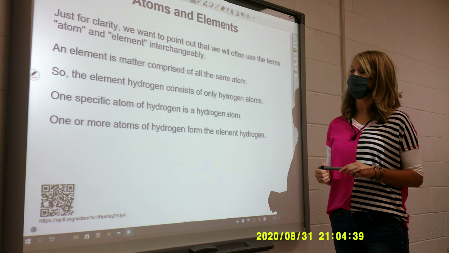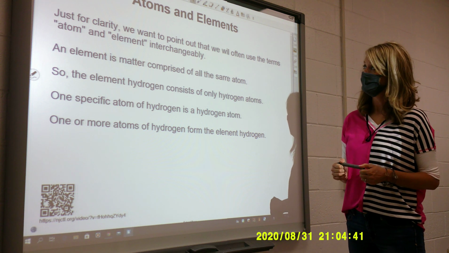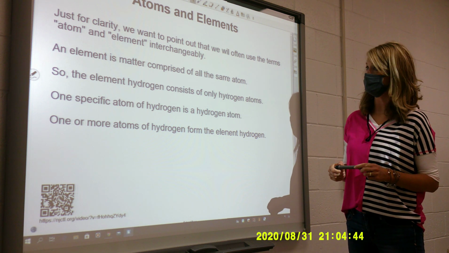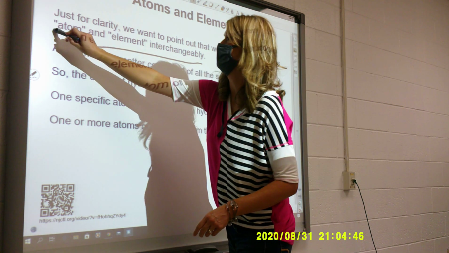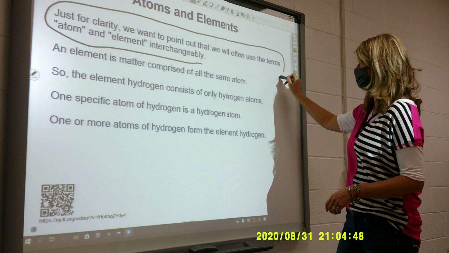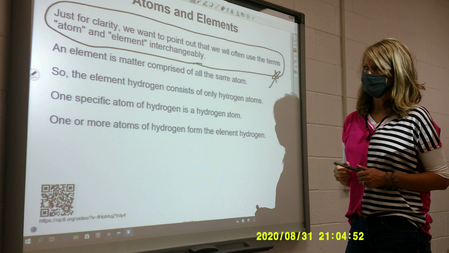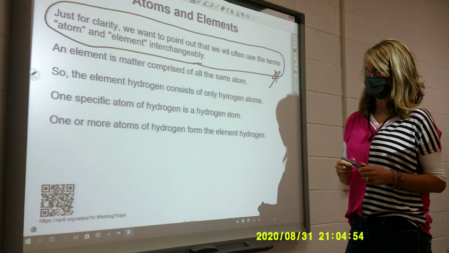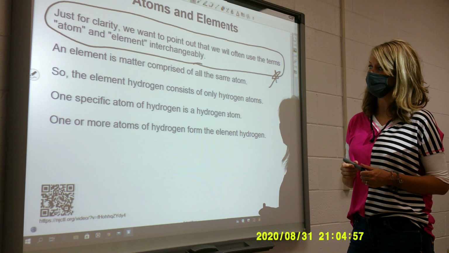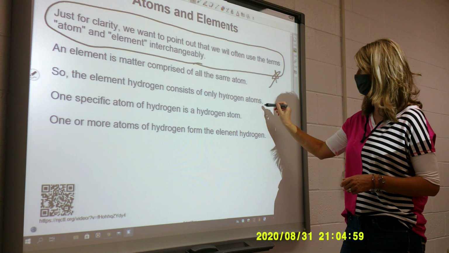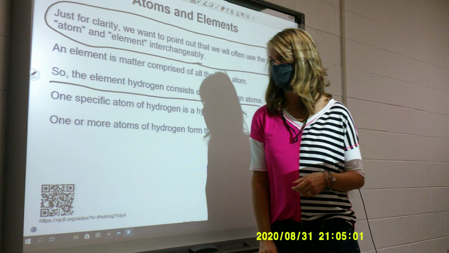Atoms and elements. Just to clarify, we want to point out that we will often use the terms atom and element interchangeably. That's a good thing to keep in mind. An element is matter comprised of all of the same atom. So the element hydrogen consists of only hydrogen atoms.